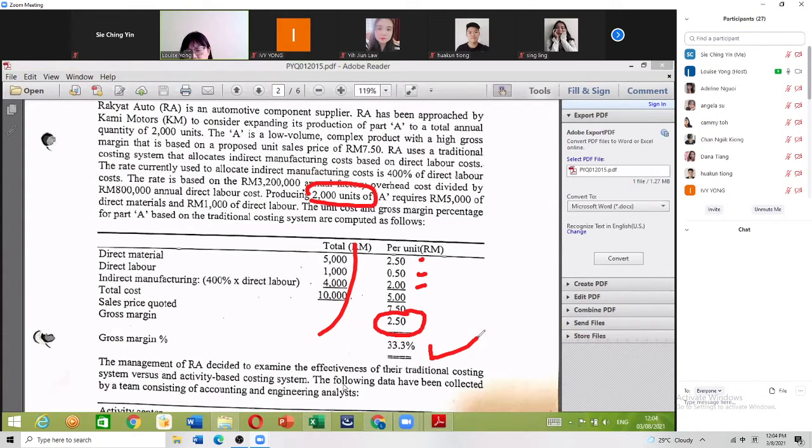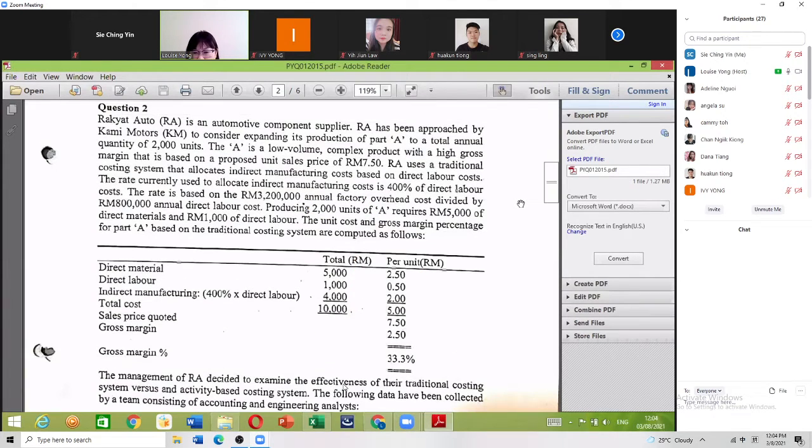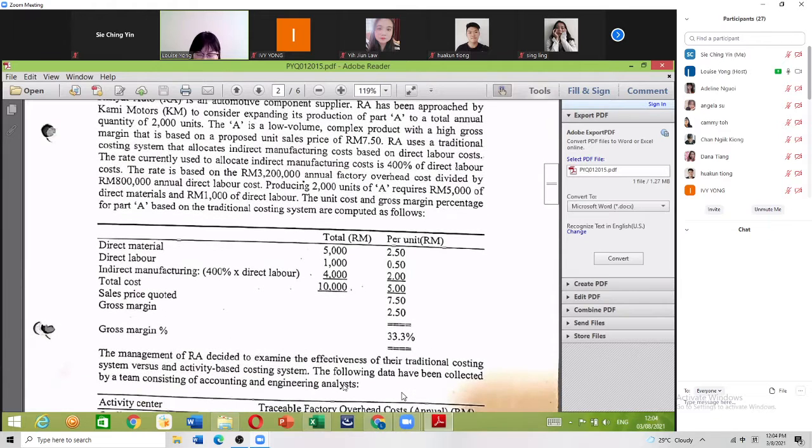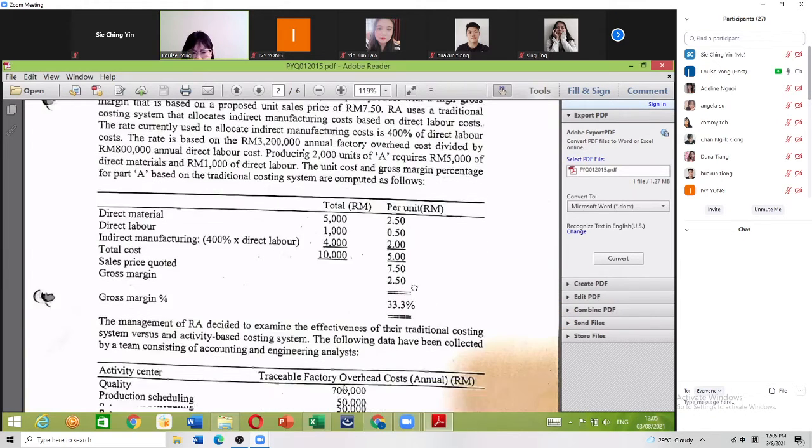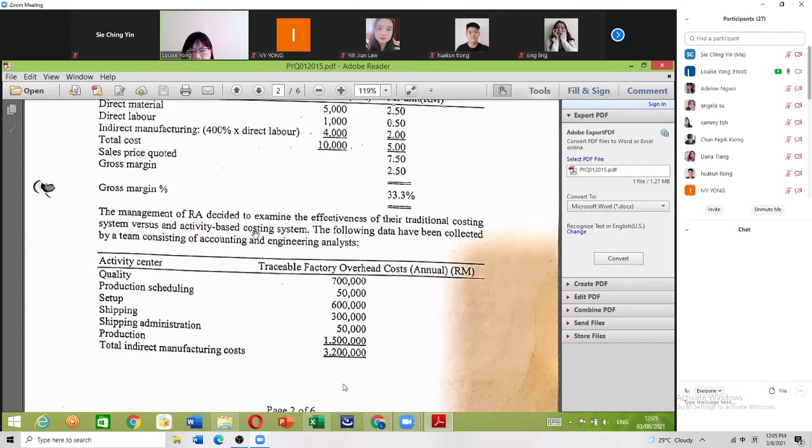So gross profit margin is 33.33%: $2.50 gross profit divided by $7.50. So your gross profit margin is 33.3%, and this is the traditional method.